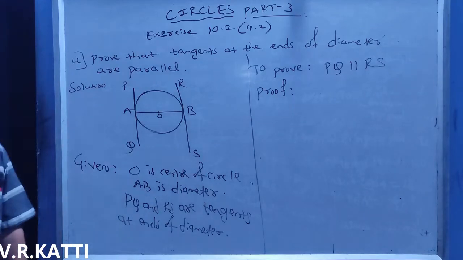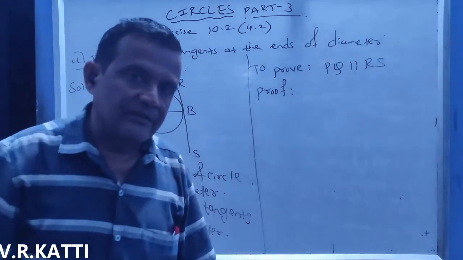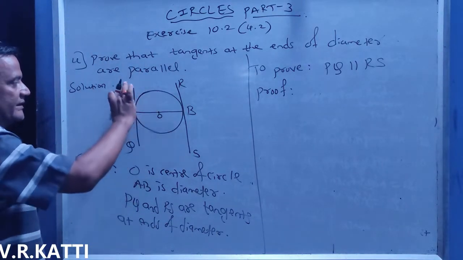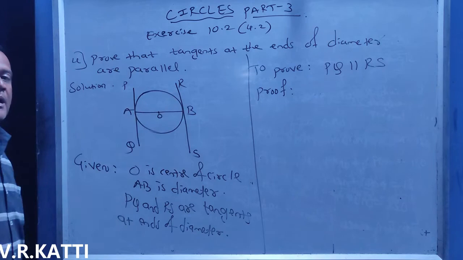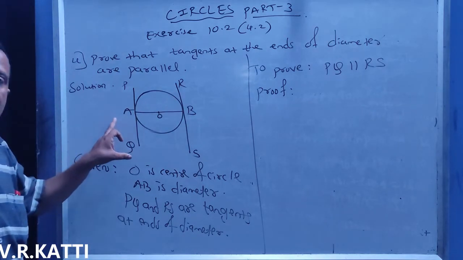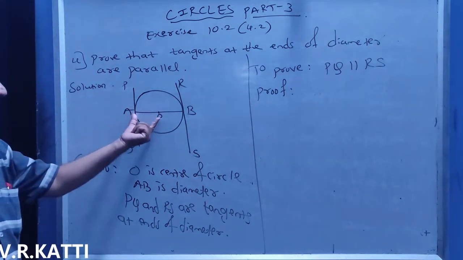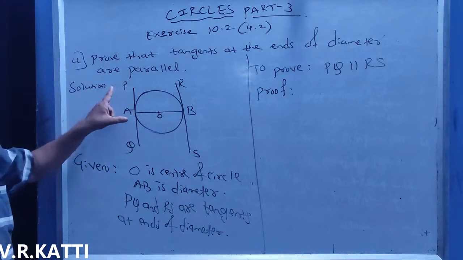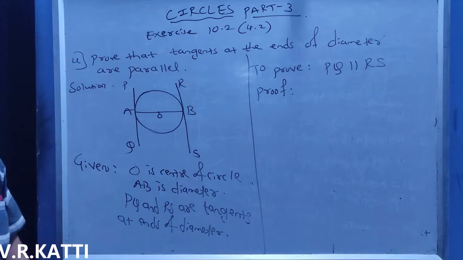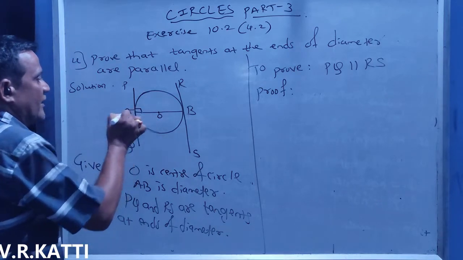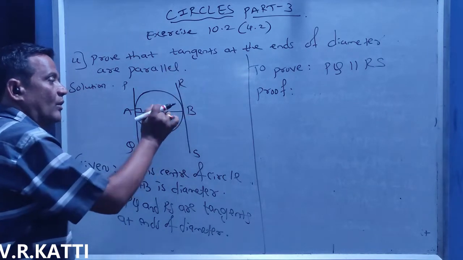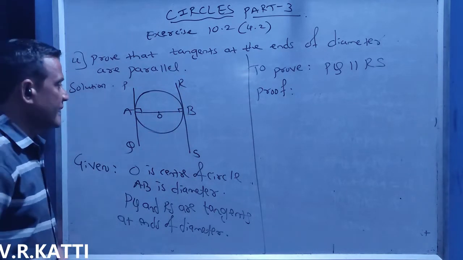Students, use Theorem 1 in circles. Theorem 1: the radius and tangent are perpendicular at the point of contact. Radius AO, tangent PA, perpendicular at the point of contact A. So angle PAO is 90 degrees. Similarly, angle RBO is 90 degrees.